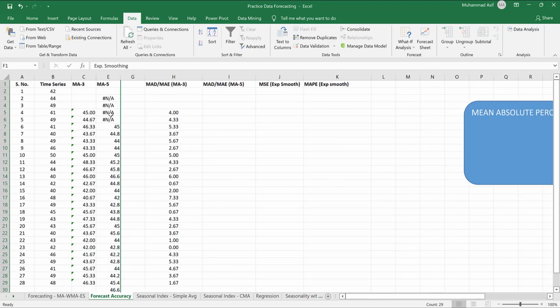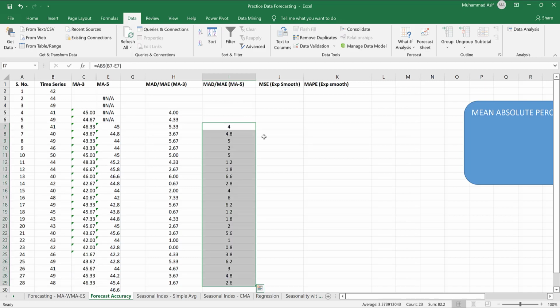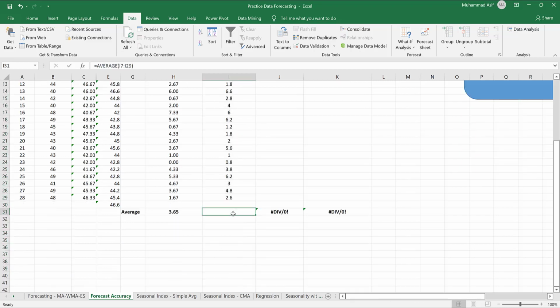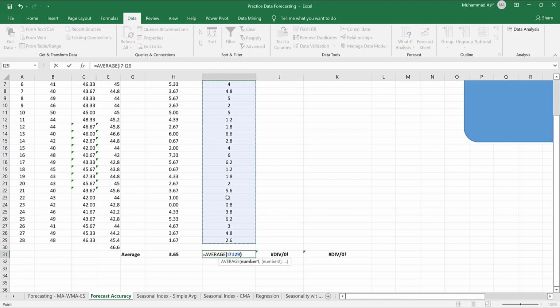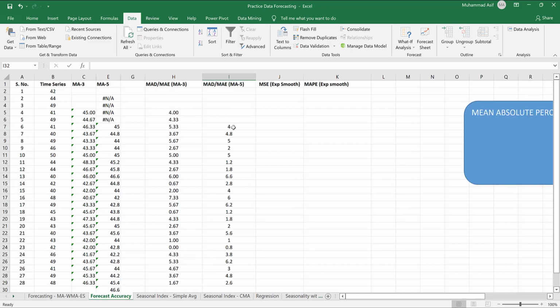Now for this one, again we take absolute difference is equal to absolute difference of time series minus forecast, and then we take average, and that turns out to be 3.57, and of course this 3.57 is less than 3.65, which indicates that using 5 period moving average gives less error, and therefore 5 period moving average is better than 3 period moving average.